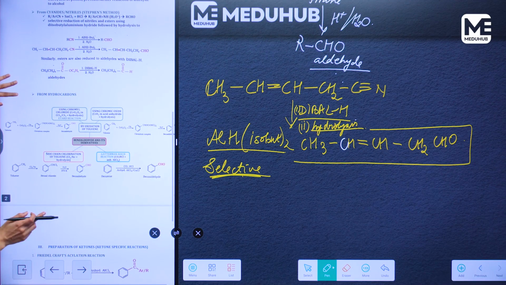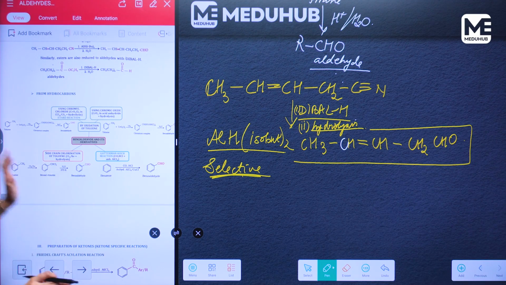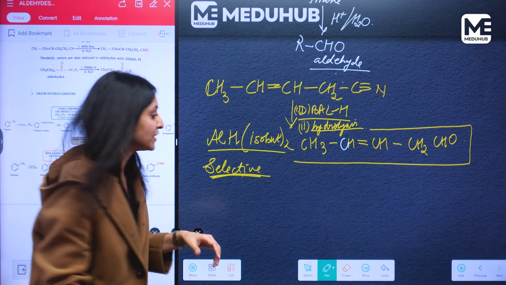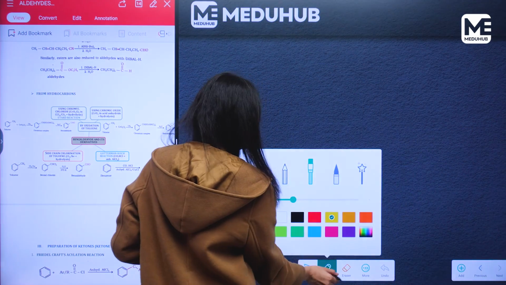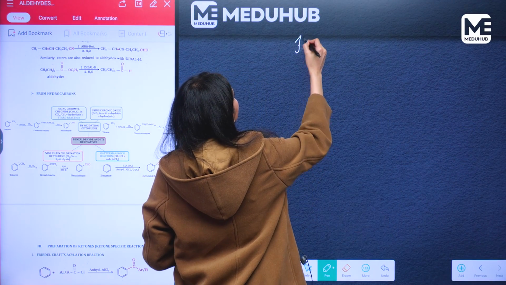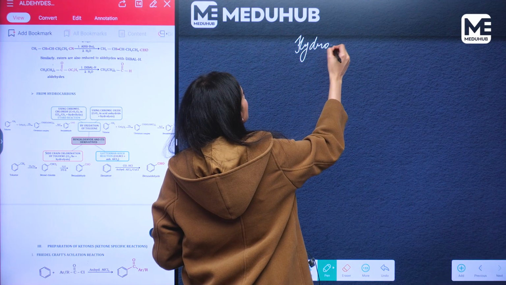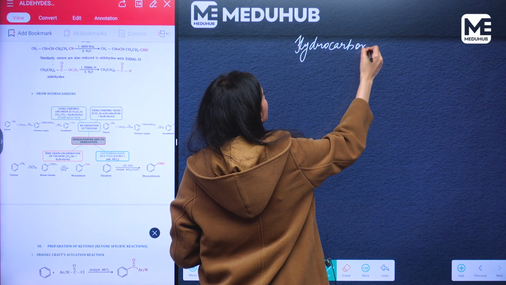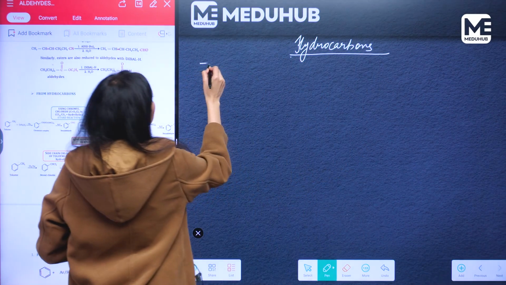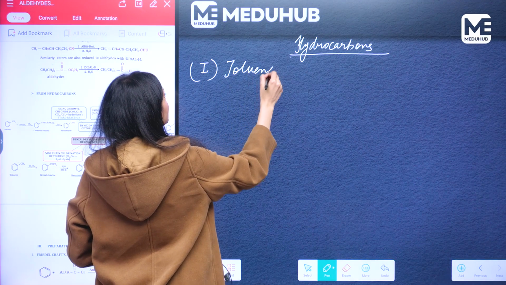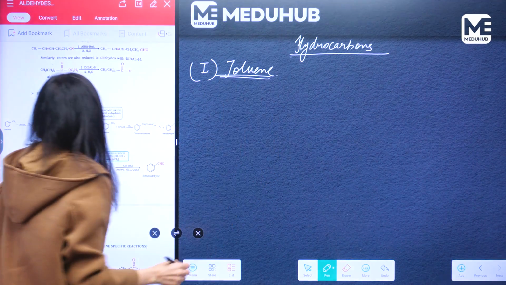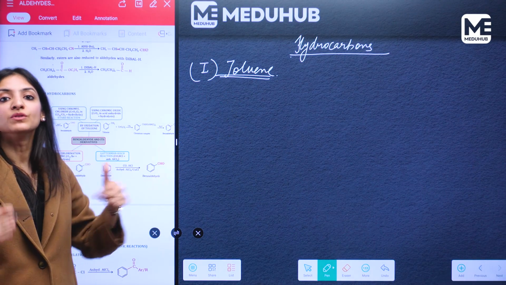Now, the next reaction is from hydrocarbons. There are multiple ways to get aldehydes from hydrocarbons. The first one is from toluene. You oxidize toluene using two reagents.